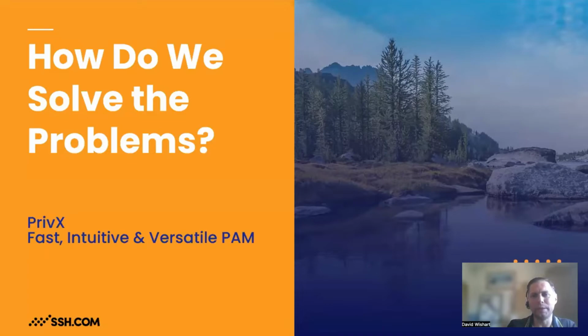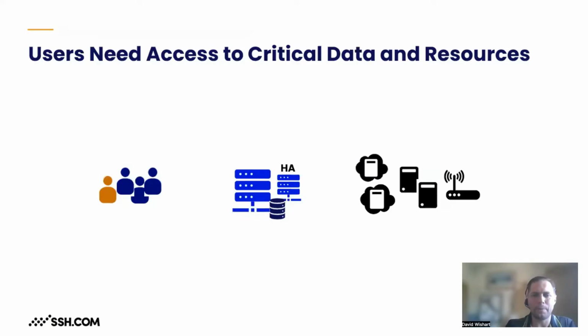So how do we solve these problems? The basic premise is that users need access to data and resources to perform their jobs. What we can do with our PrivX solution is pull users from different identity management systems like Active Directory or LDAP.